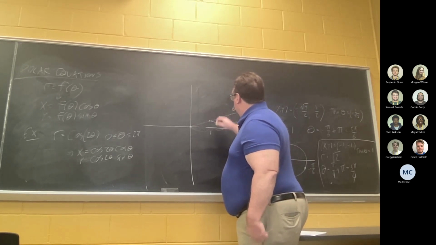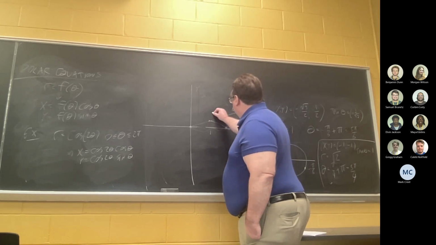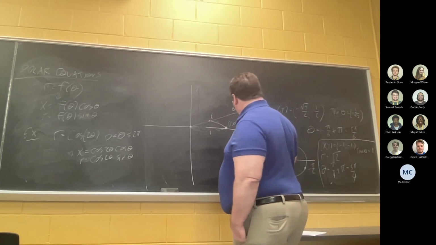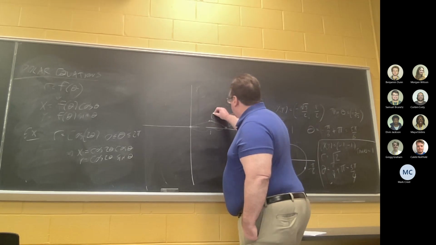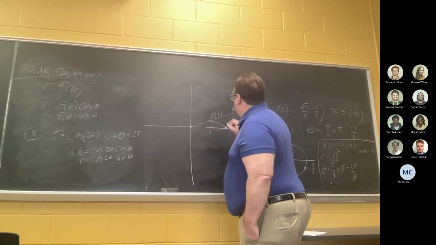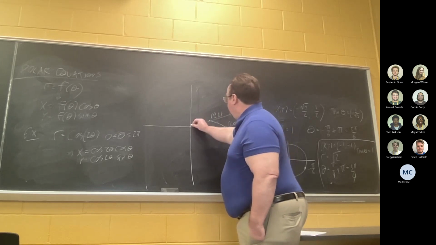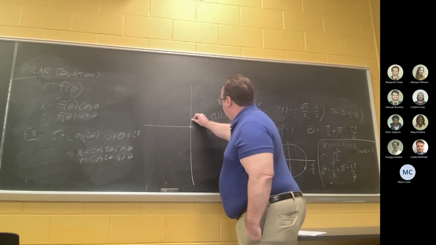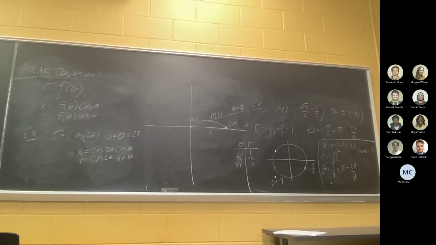Actually, you can write 1/2. Cosine of pi over 6 is square root of 3 over 2. So here I'm at the origin, and theta is pi over 4.